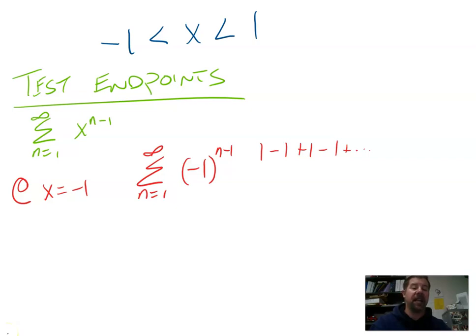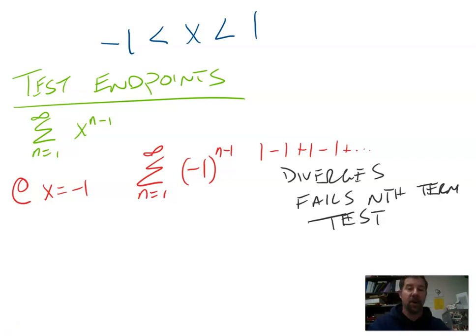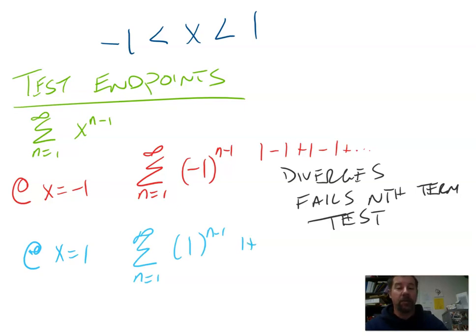So this fails the nth term test. All right, let's go ahead and test our other endpoint now. Let's test that x equals 1. And you can see that the same thing happens. I get 1 to the n minus 1 now, so this series goes 1 plus 1 plus 1 plus 1 plus 1 plus 1. A little bigger there. But this one, again, it's going to fail the nth term test as well, so this also diverges.